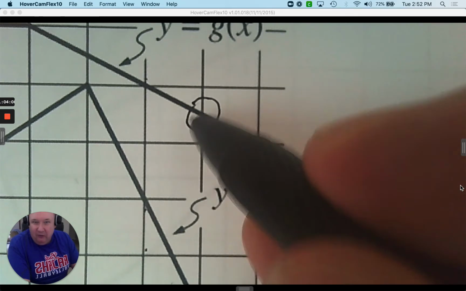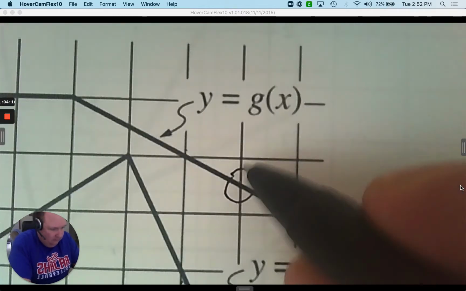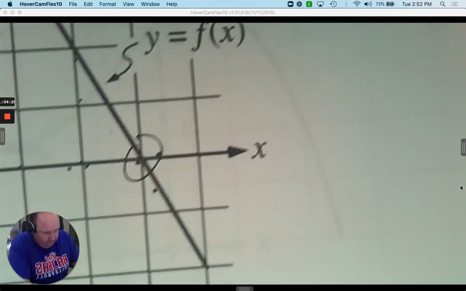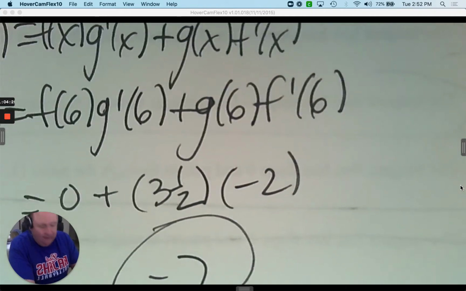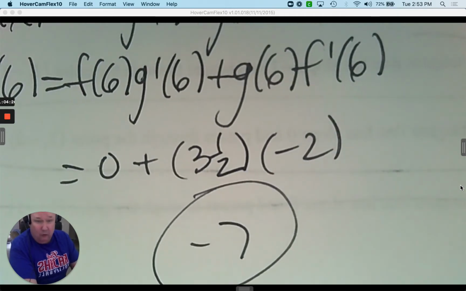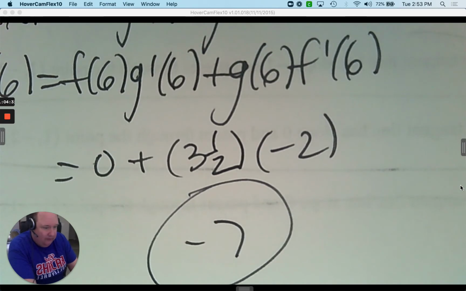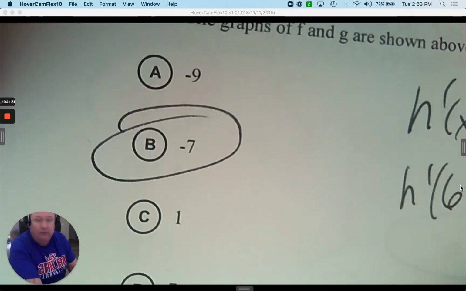It's pretty close to the middle. So if I was going to be quick about this, this is 2, 3, 4. So this looks like 3.5 to me. So negative 2 times 3.5, I get the answer negative 7. If I had to go quick, that's exactly what I would do. Estimated off the graph, that looks like 3.5. And there's no other answer close to that, so the answer must be negative 7.